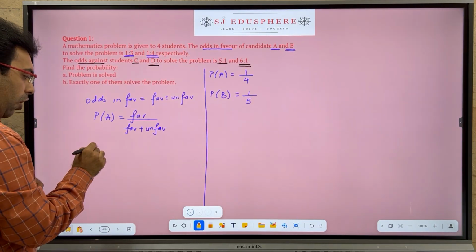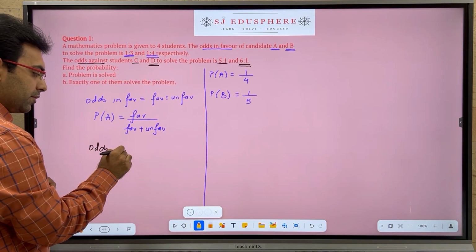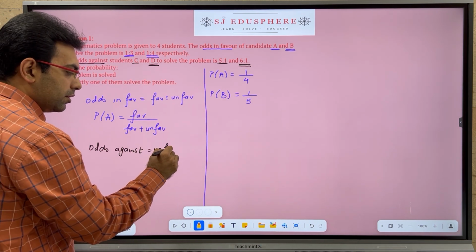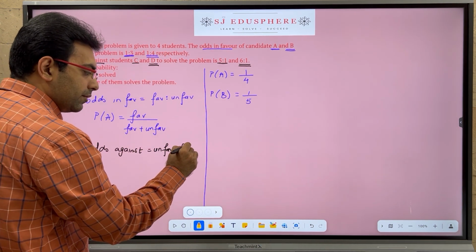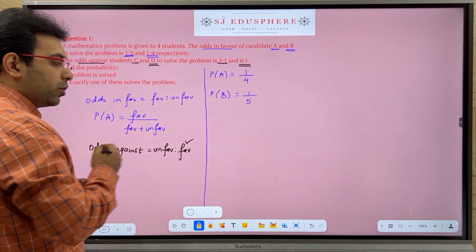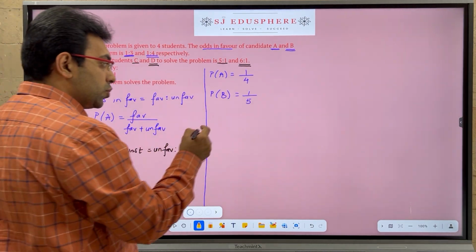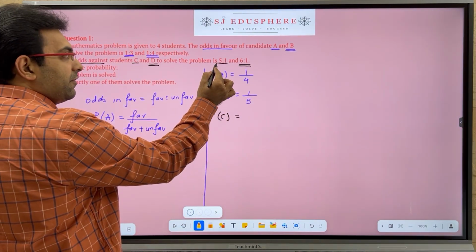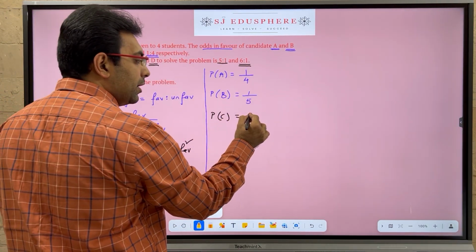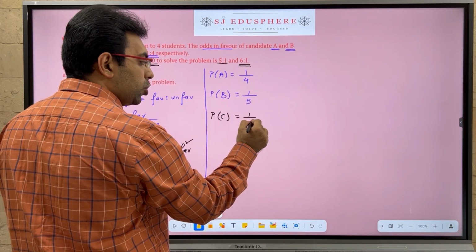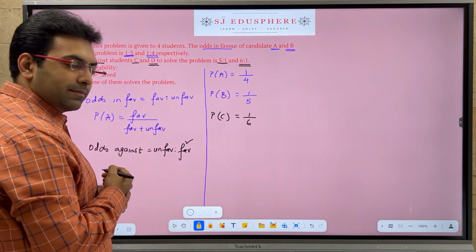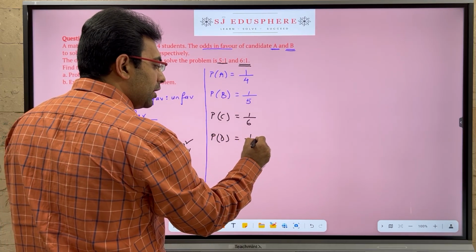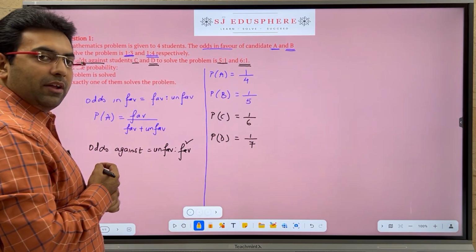So when I say odds against, it is unfavorable is to favorable. Hence, I again look into the favorable number. So probability of C solving the sum, unfavorable 5, favorable 1, means 1 upon the total 1 plus 5, which is 6. And for D solving the sum is 1 upon 1 plus 6, which is 7.